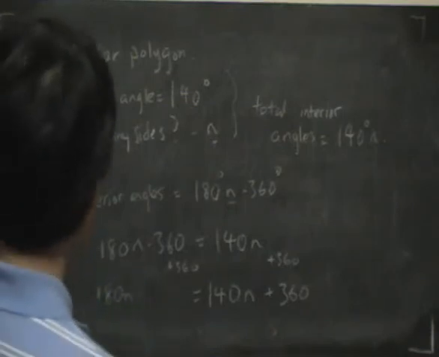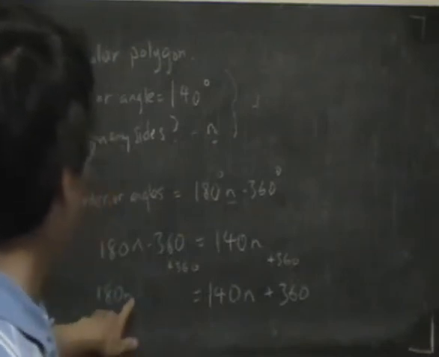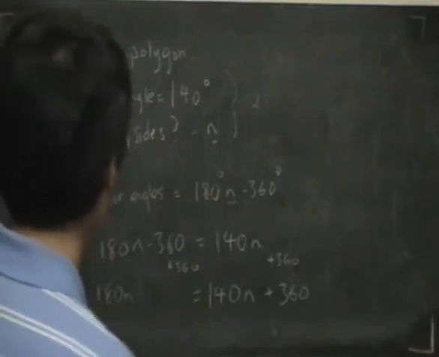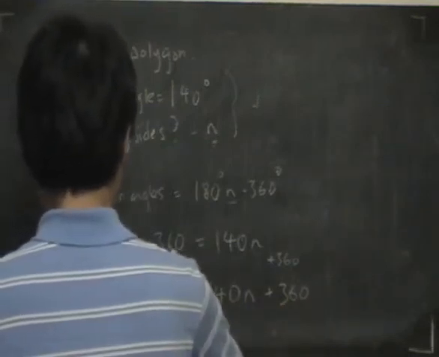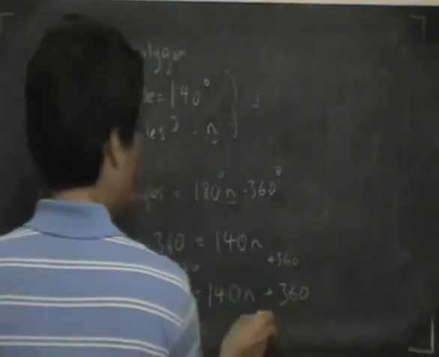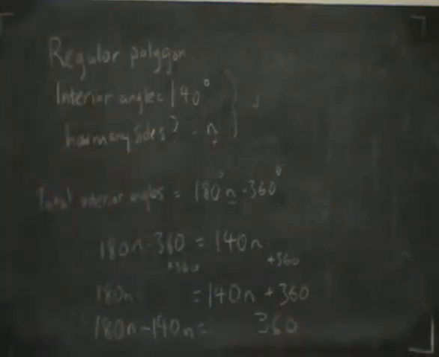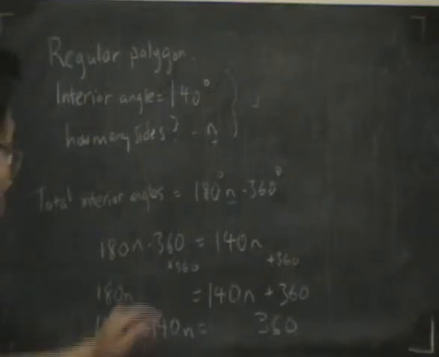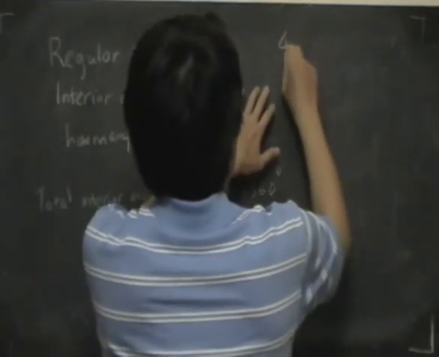So if I subtract 140n from both sides, I have 180n minus 140n is 360. Now 180n minus 140n is 40n.